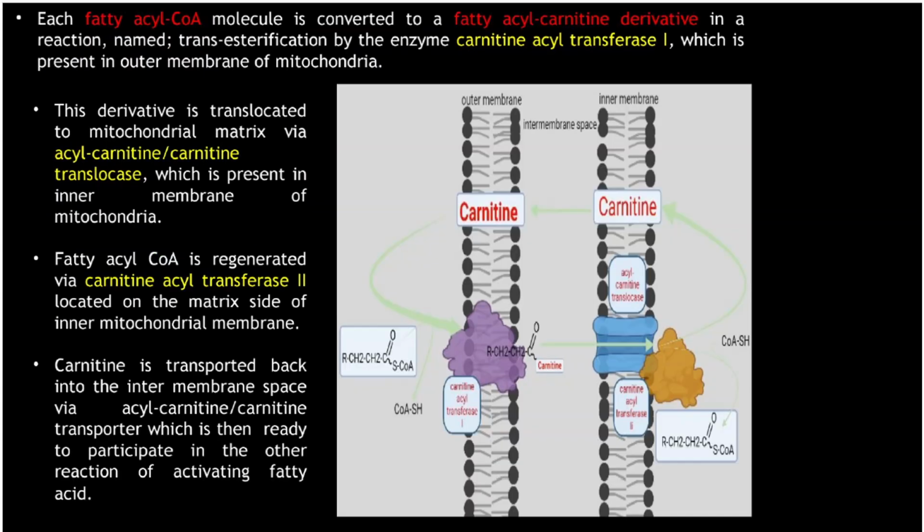Now, what happens at the next step? Each fatty acyl coenzyme A molecule is converted to a fatty acyl carnitine derivative. This molecule will be converted to the carnitine derivative in a reaction named transesterification, in the presence of the enzyme carnitine acyl transferase 1, which is present in the outer membrane of mitochondria.